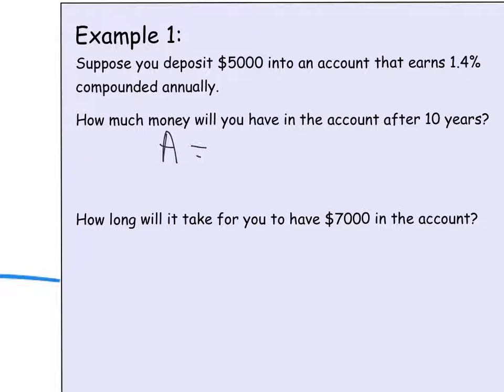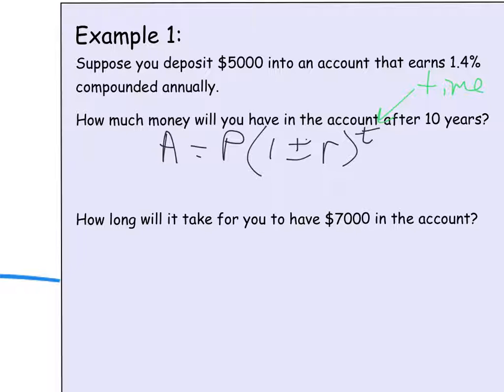There we go. A equals P times 1 plus or minus R to the T power. Now, a couple things here. T stands for time, and that's in years. So somebody tell me what T is going to be for this problem. 10 it is. 10 years.